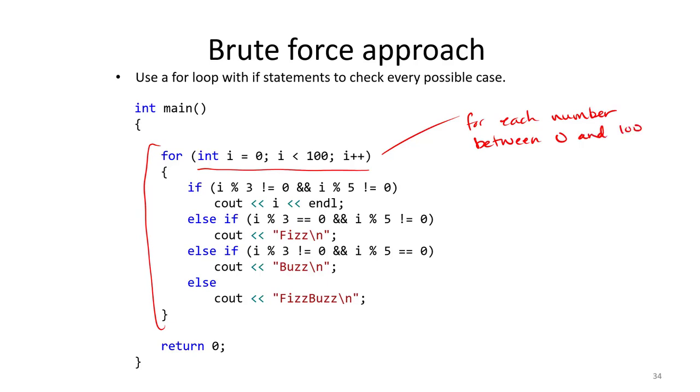Notice what we're going to do. If we are not multiples of 3 and 5, then we just output the number.